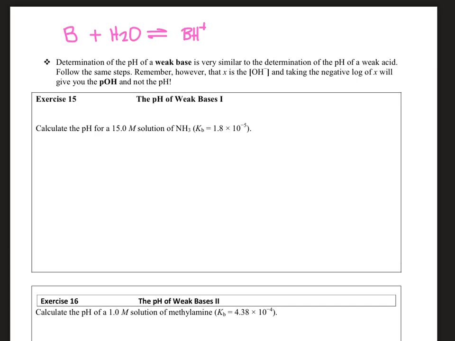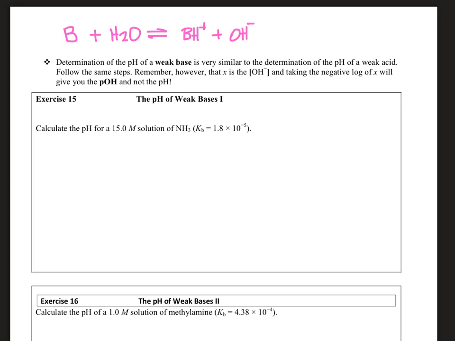So basically my base has one more hydrogen ion and increases in charge. And my water loses a hydrogen ion, which leaves behind the hydroxide. Well, the hydroxide ion is what makes it a base. The more the base steals the hydrogen ions from the water, the more hydroxides I end up with in my solution. Basically the higher the pH goes.